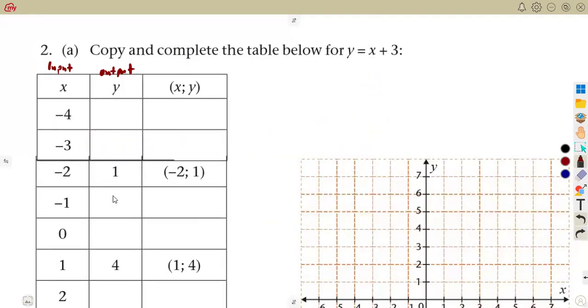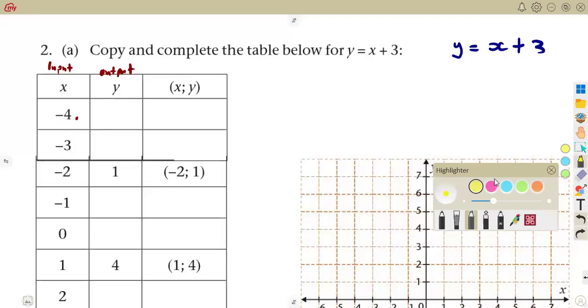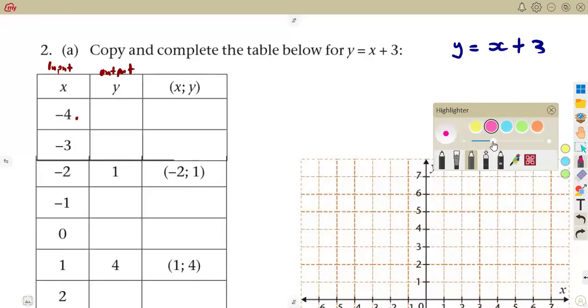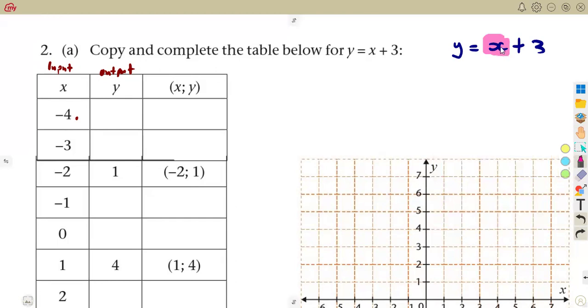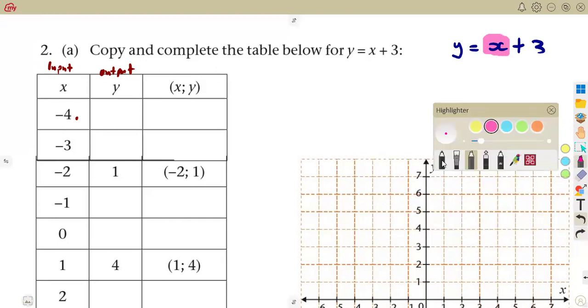Input, getting, and output. So let's start with minus 3. When you are given the x, you need what? Y. So y is given by this function that we are given, the equation, which states that y is equal to x plus 3. Everything that I substitute in place of x will give me the corresponding value of y.